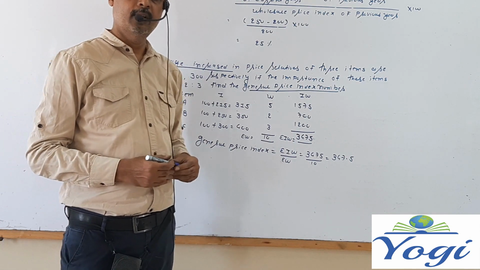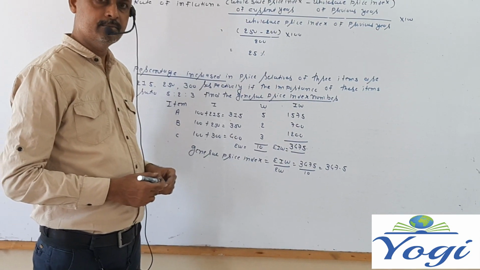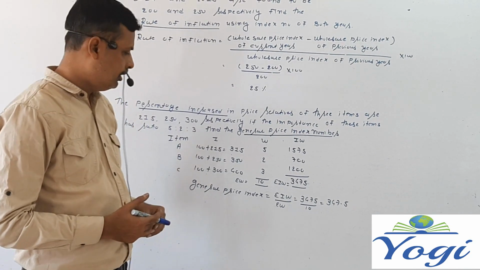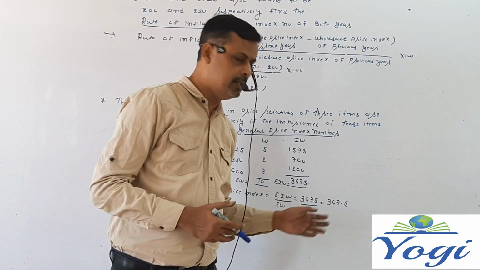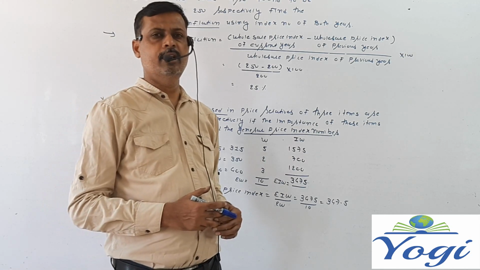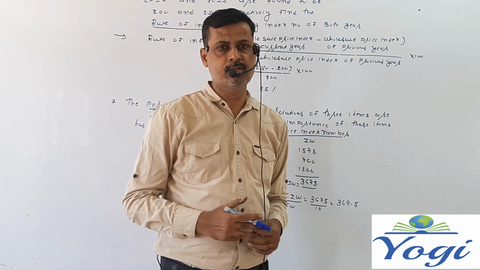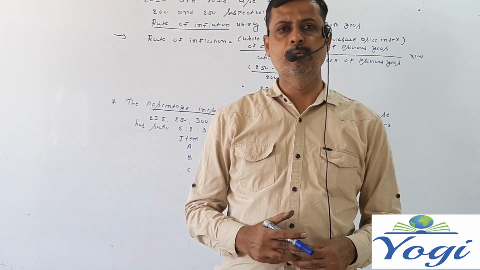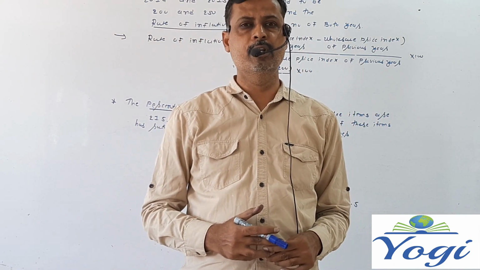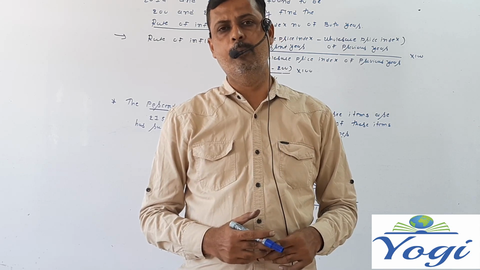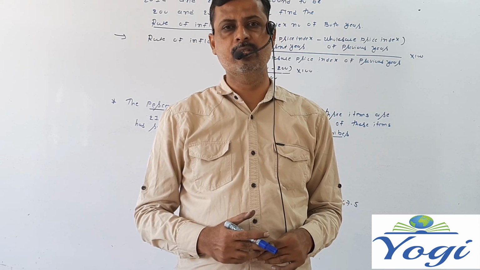Here we can say that in the current year, general price has increased by 347.5 minus 100, which becomes 247.5% compared to the base year.